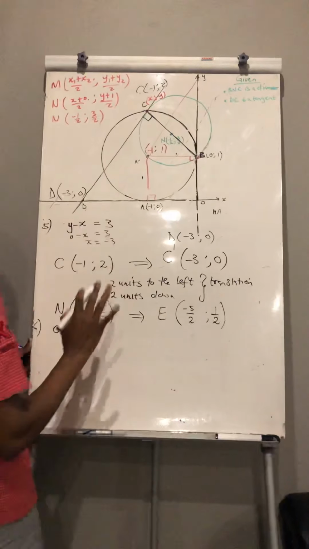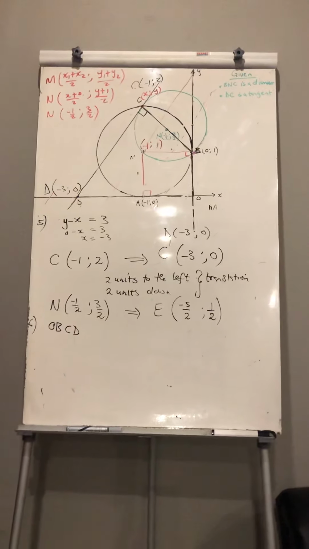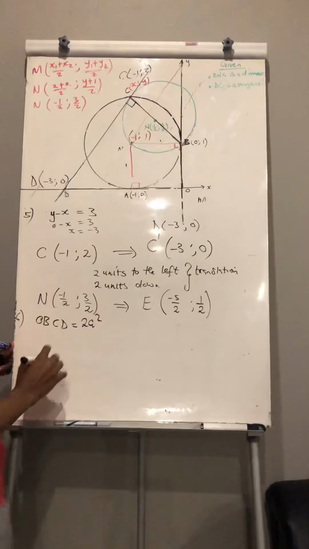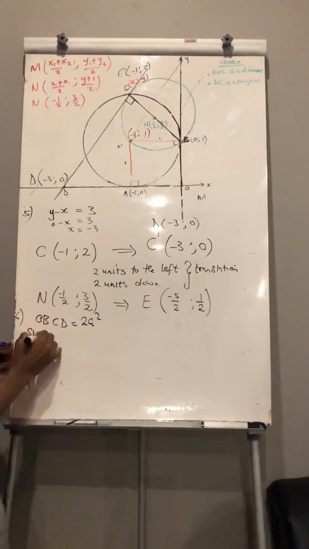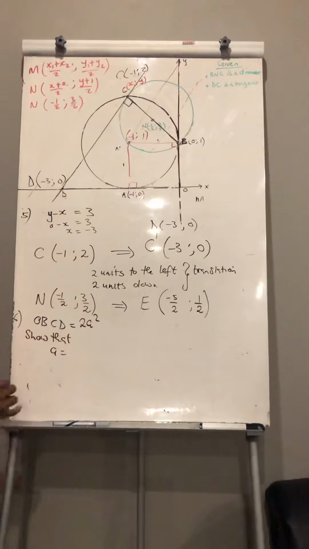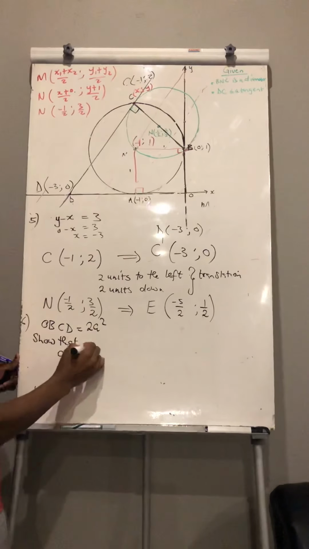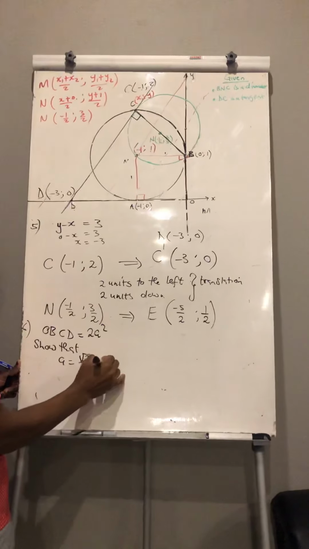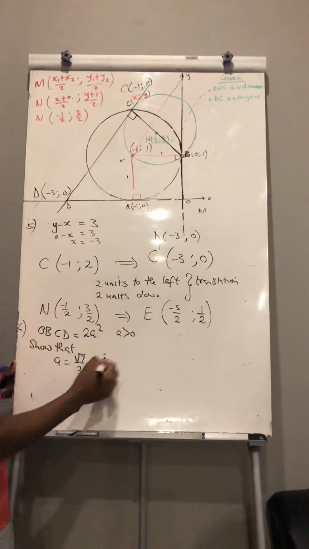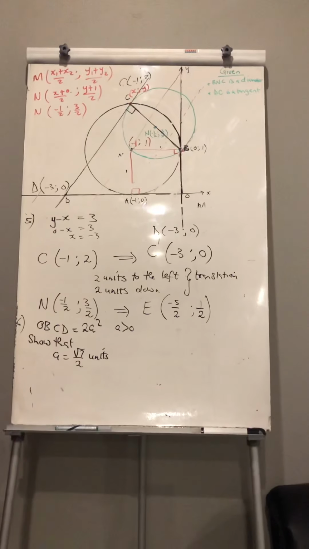So they say that the area of that is 2a squared. We are required to show that a is equal to root 7 over 2 units. There was a condition given in the question that a happens to be greater than 0, so we are going to just use that one as well.